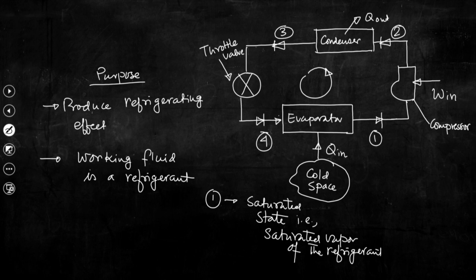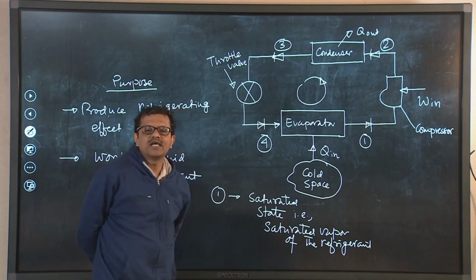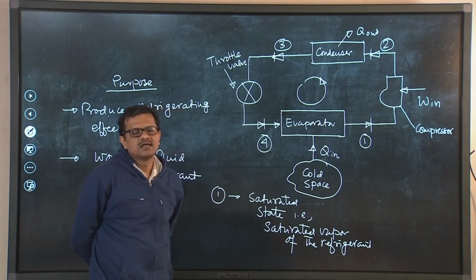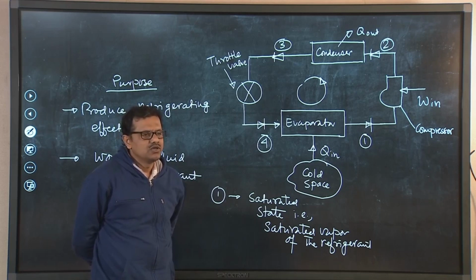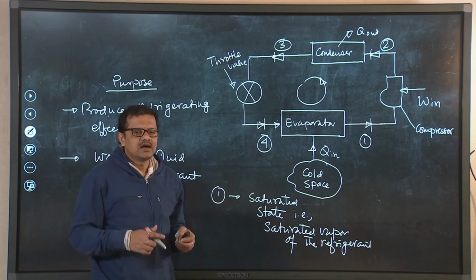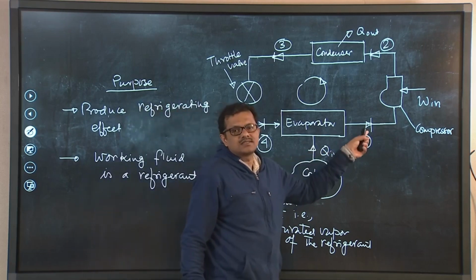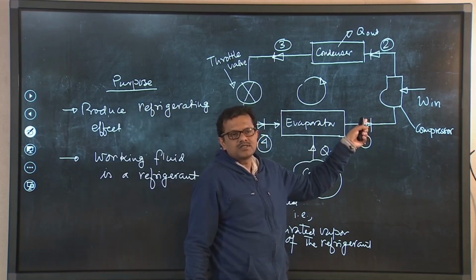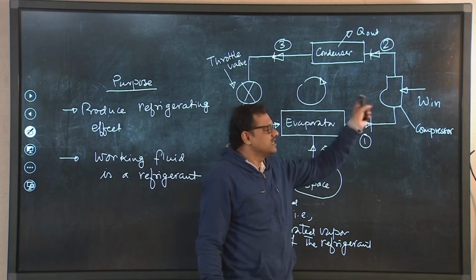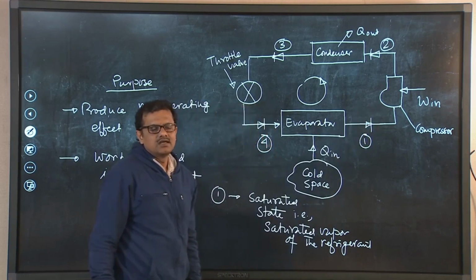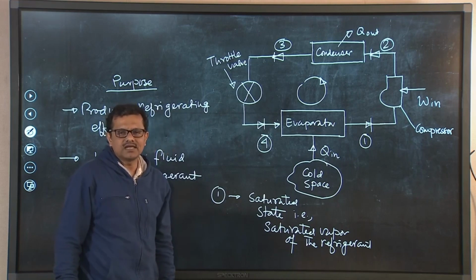So, the compressor will now compress this saturated vapor from state point 1 to state point 2, if we assume that it is a reversible adiabatic compression. So, basically I should say that with this assumption, the process that will occur in this compressor is a reversible adiabatic process.